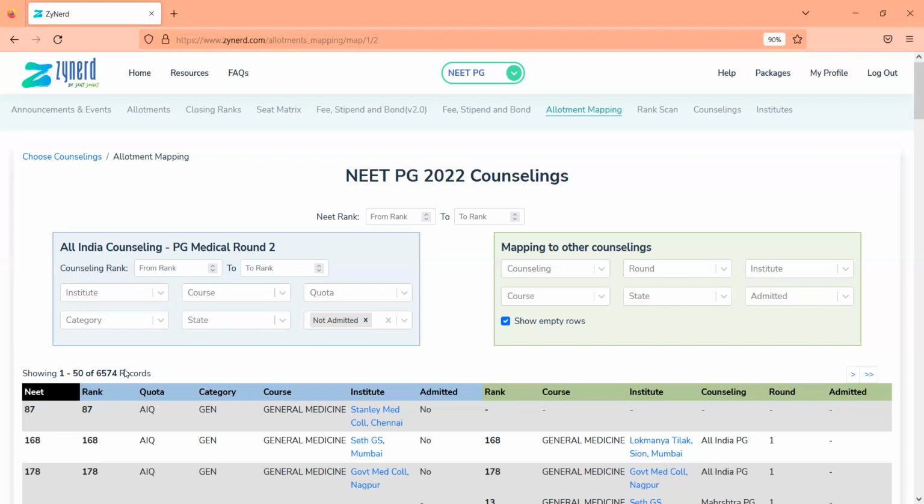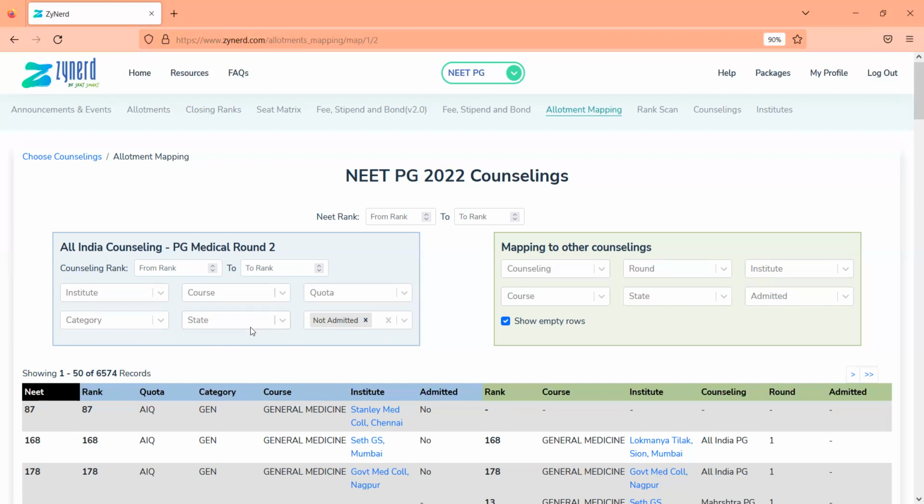Note, not allotted to anyone in round 2. Nobody opted for these seats, and therefore these seats come in as vacancies in mop-up. There were around 600 such seats, of which around 200 odd were PWD seats in certain categories, which may get converted if the mop-up eligible PWD candidates don't take them. That is not a huge number, but that number exists beyond this 6,574 seats.